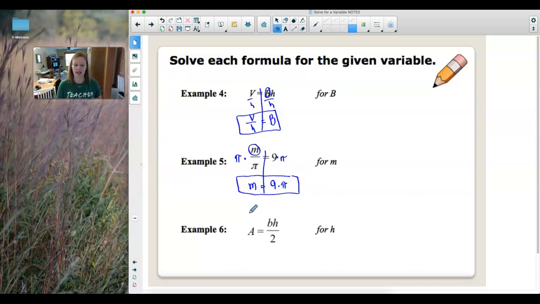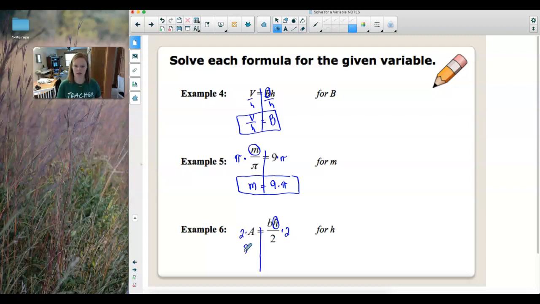And the last one. This one's a little bit trickier because there's more than one step. We want to solve for h. We want to get the h by itself. There are two things happening here. H is being multiplied by b, and then it's being divided by 2. We need to undo both of those things, but remember, we have to work backwards. So we're going to multiply by 2 first.